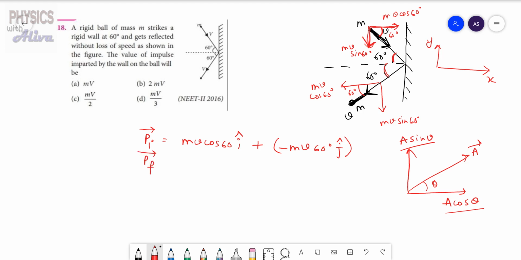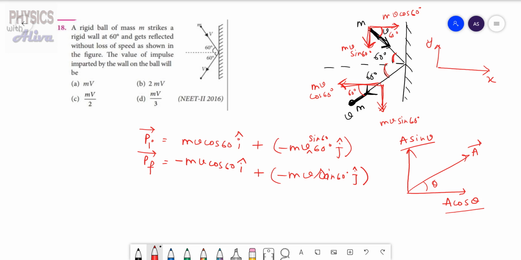We can write the final momentum vector, that is minus mv cos 60 i cap, because it is directed along negative x-axis, and minus mv sin 60 j cap, as it is directed along negative y-axis, so minus j cap.